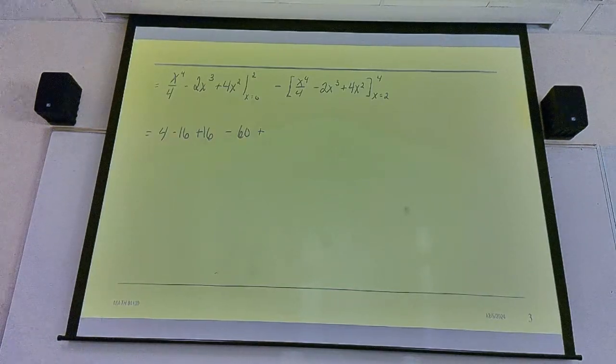Times 2. 4 squared. 2 squared. 16 minus 4 times 4.